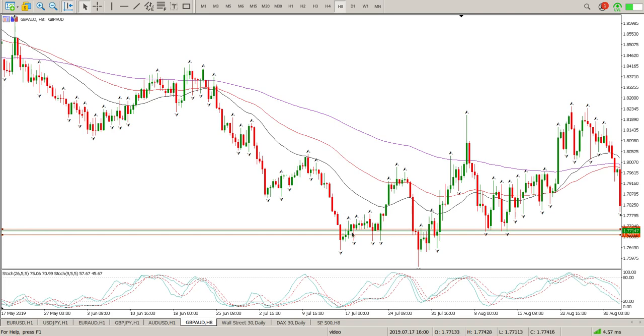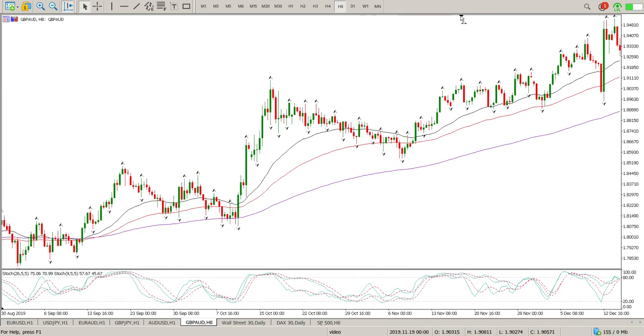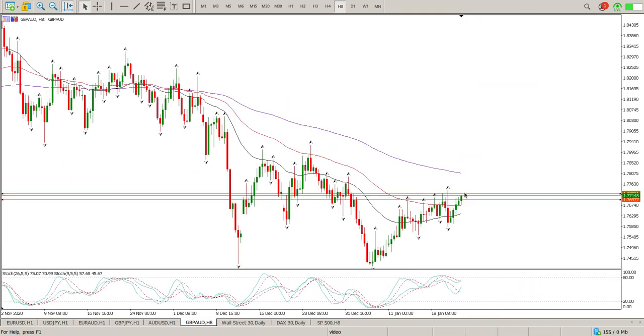You can see how messy it is, so let's just leave it at that. We need a pretty clear break up here, and also what we're looking for is a change in guard of the moving averages. You can see moving averages starting to point up. We've got a crossover on the 8 hour here pointing up. So this to me is another one of those consolidation phases, and we're looking for continuation to the upside.